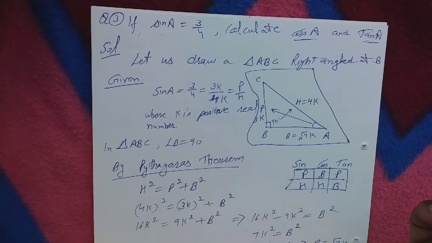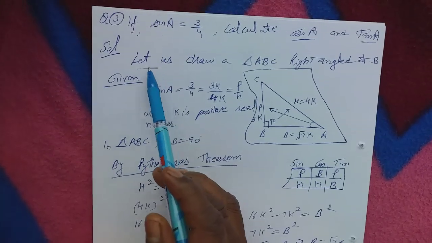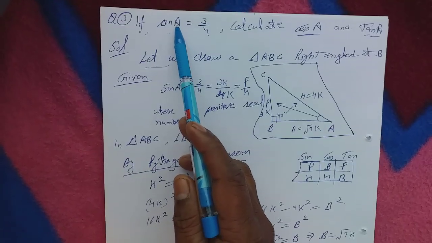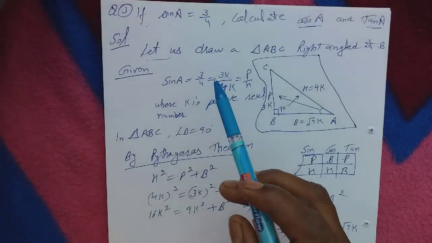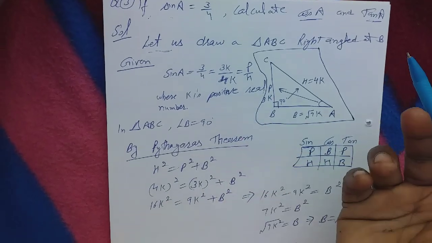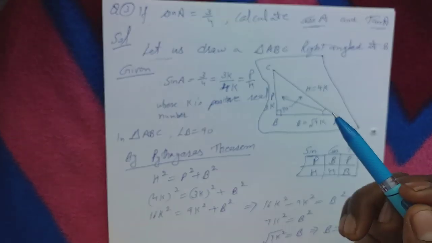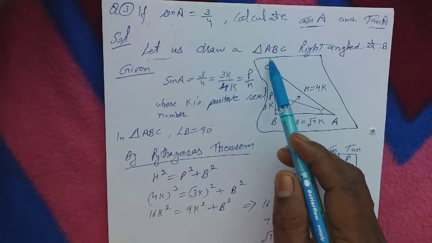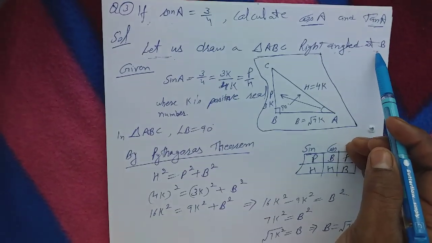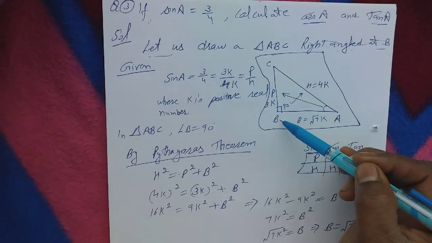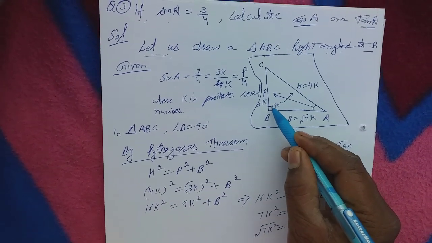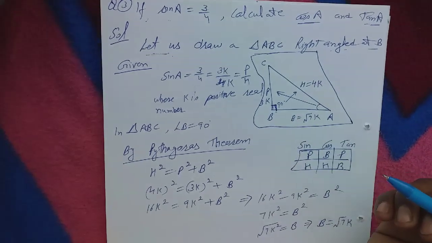If the triangle is not given, you will have to assume one. Here the triangle is not given, but one angle A is indicated, so the triangle will have vertices A and B, any can be. So we will draw triangle ABC with a right angle at B. So here is triangle ABC, and the angle at B is 90 degrees.